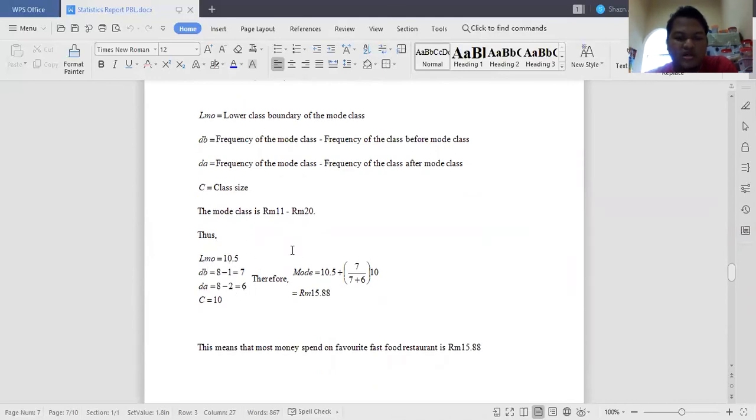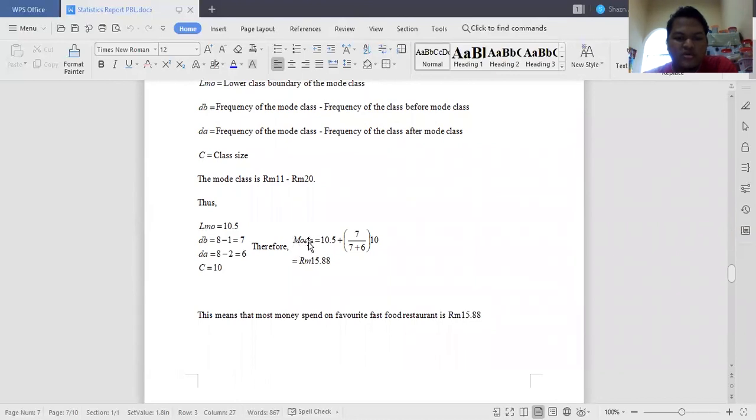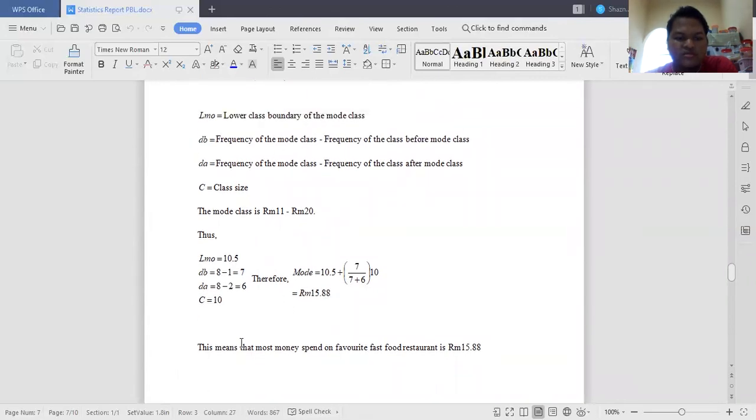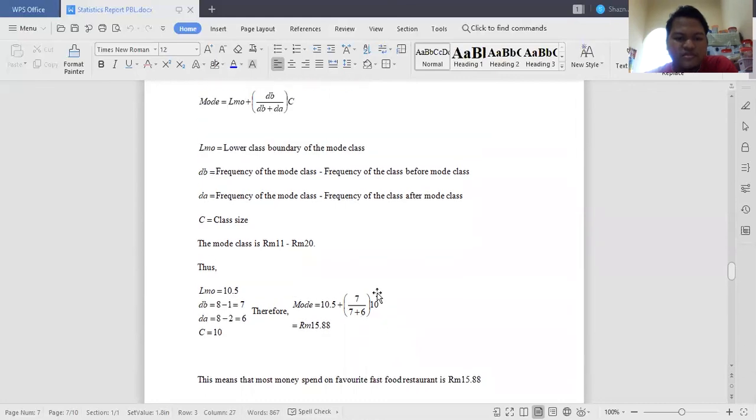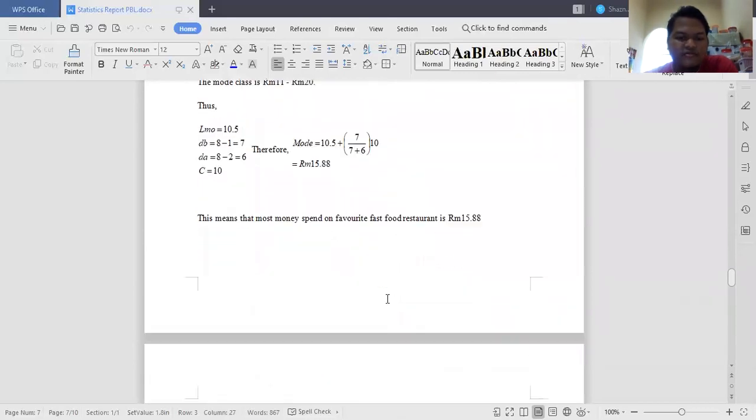We calculate using this formula, and we get 15.88 ringgit. This means customers spend the most money at their favorite fast food restaurant at around 15.88 ringgit.